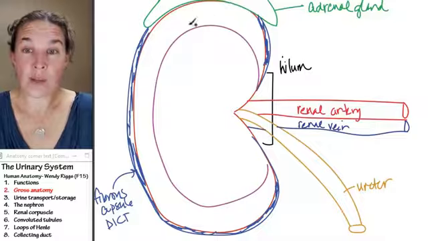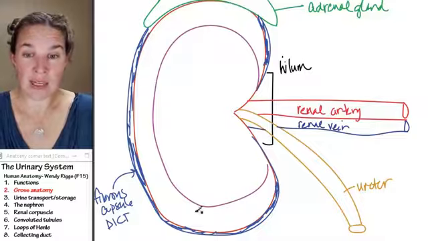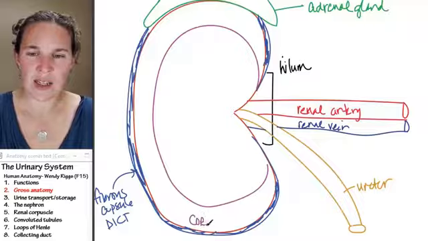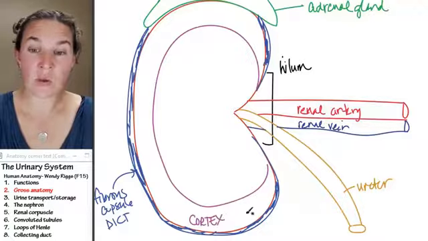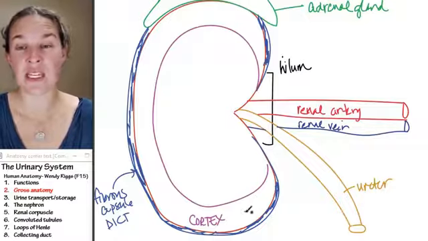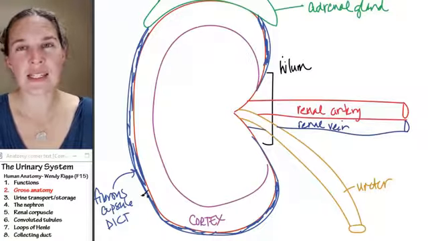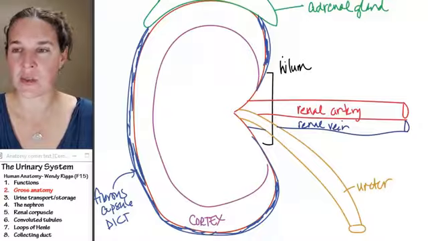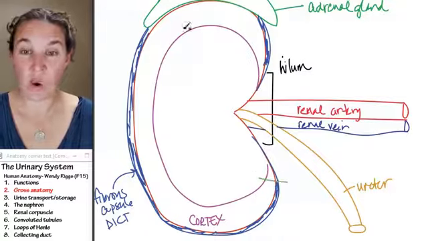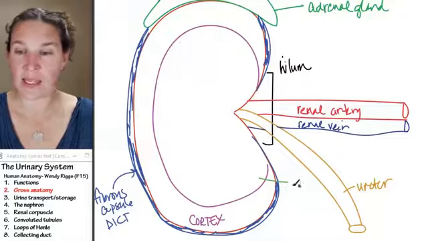This whole area that is lined by the purple is the cortex. We will see what kind of anatomical structures are found in the cortex of the kidney. And the cortex is in contrast to the medulla of the kidney. So this whole area is the medulla of the kidney.